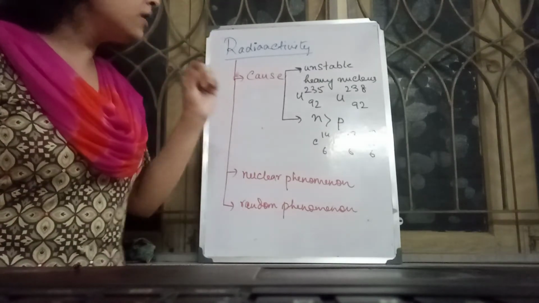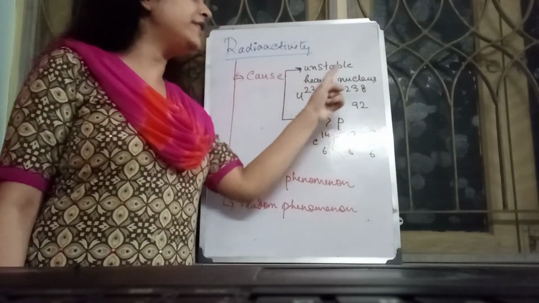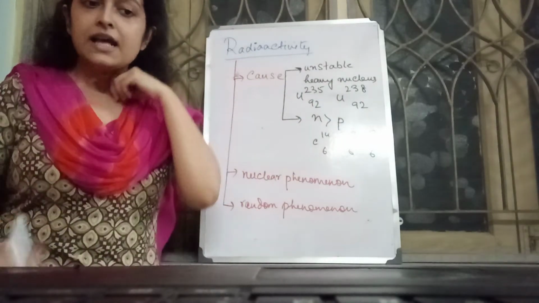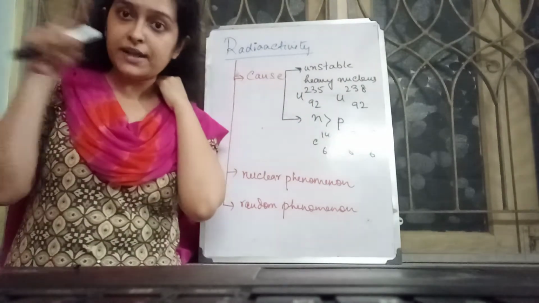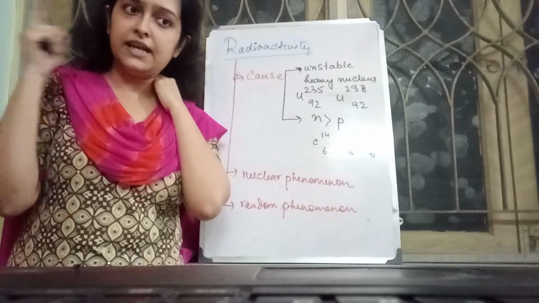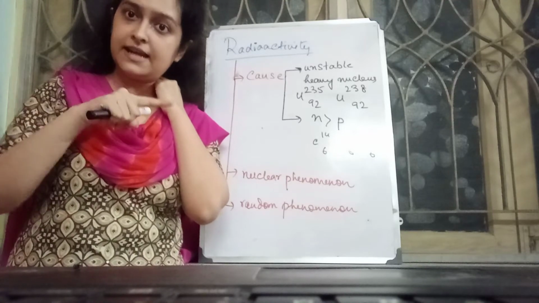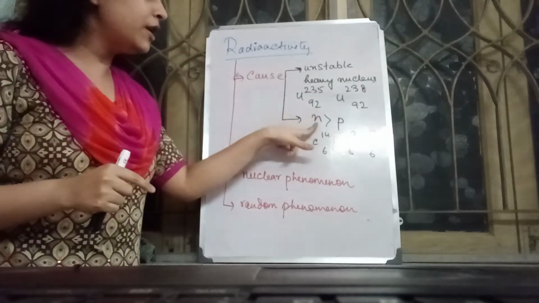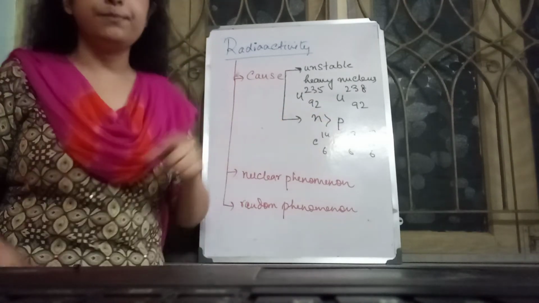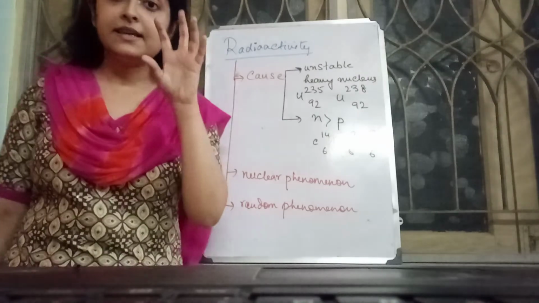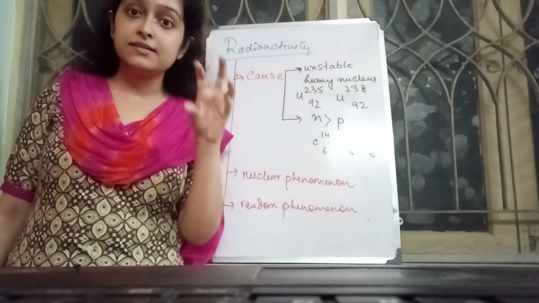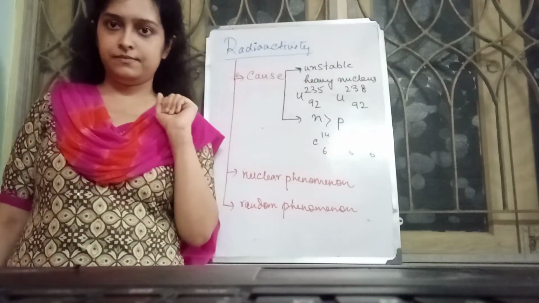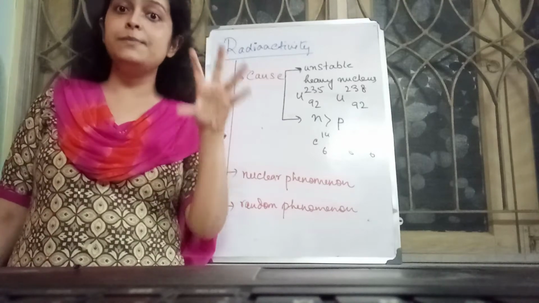The cause is their unstable heavy nucleus. Those substances in the periodic table after lead, with atomic number greater than 82, which have a number of neutrons much greater than the number of protons, have nuclei considered to be unstable, heavy, unstable nuclei.